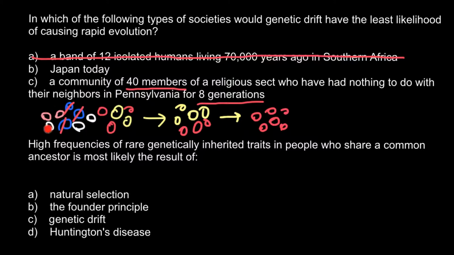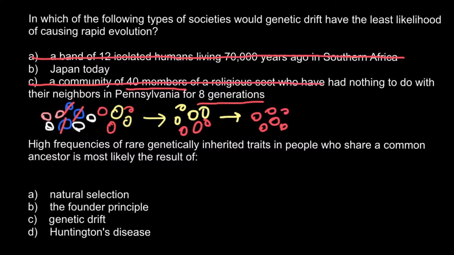If we started with this community with these allelic frequencies and ended up after 8 generations with these allelic frequencies, we also call this evolution, because of the rapid change in allelic frequencies. So we can cross out this answer also.